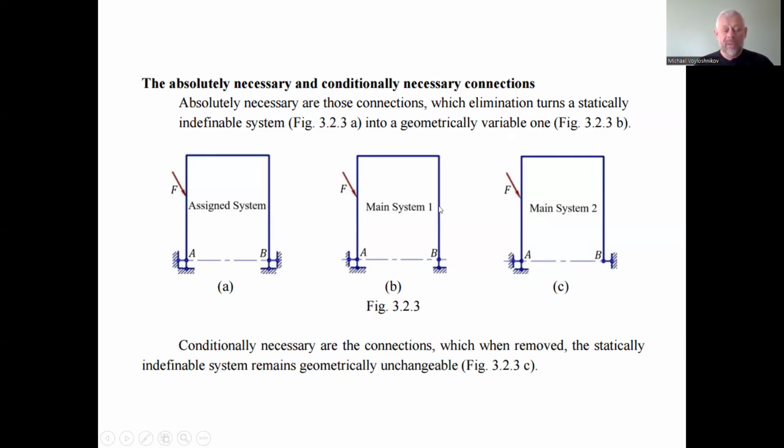Geometrically variable in the sense of the instant opportunity of geometric variability of the main system, of this second option made of the assigned system.